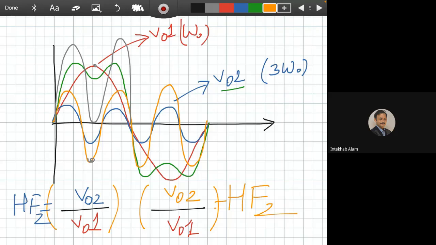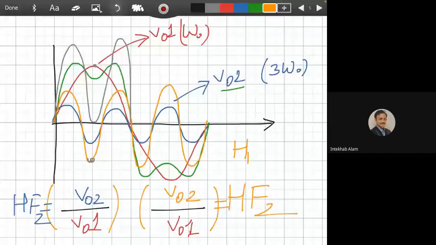But here we are considering only 2 or 3 or 4 or 5. But if we consider higher values like 13, 19 or 17, which one will be better? So these things happen actually. Harmonic factor is a preliminary decision-making term, but not a good performance parameter, because we are considering only one harmonic with the fundamental.